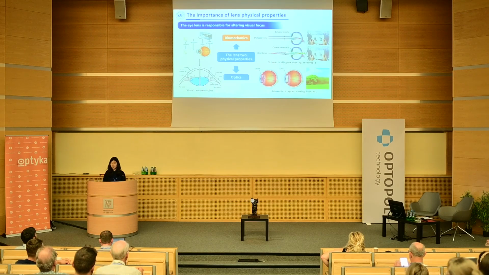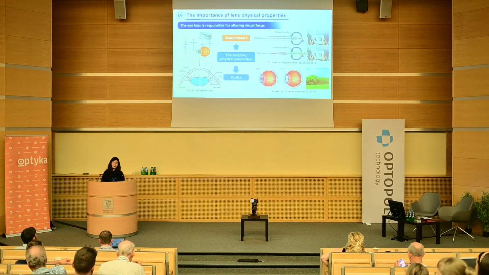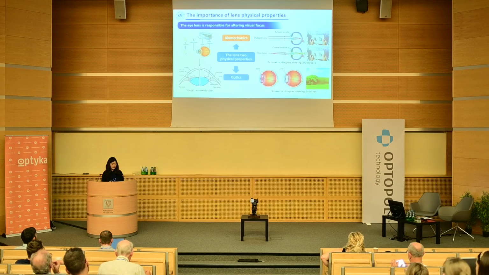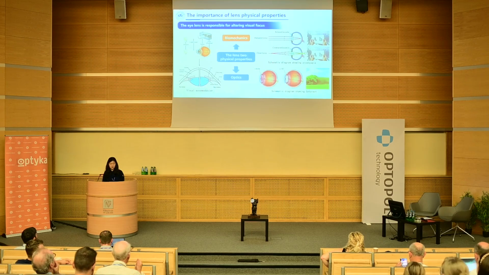That's the condition of presbyopia, mainly because of a loss of lens elasticity. On the other hand, the aging of the optics can lead to another disease, cataract. So when we look at lens function, we need to focus on both its physical properties, the biomechanics and the optics.